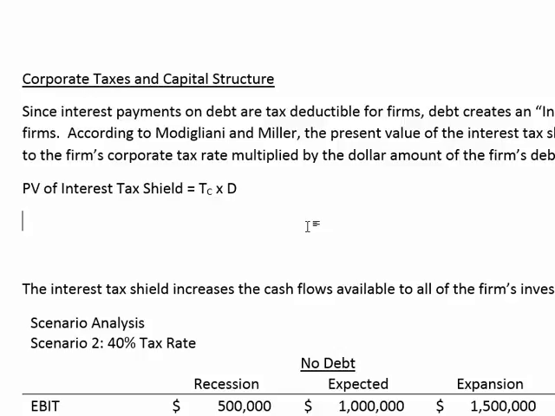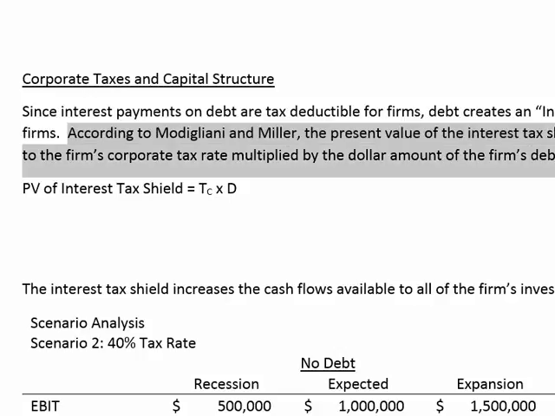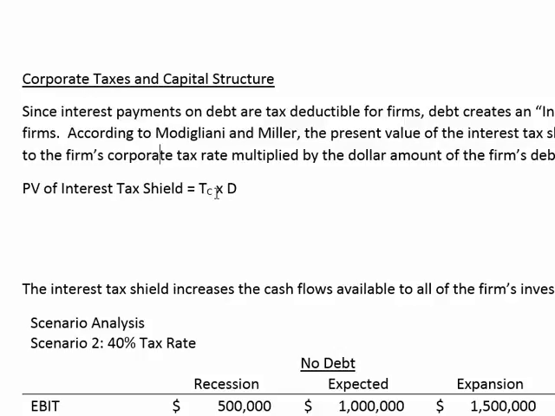For-profit hospitals take on a lot more debt than not-for-profit hospitals because there's this thing called an interest tax shield for firms that pay taxes. Not-for-profits don't pay taxes. According to Modigliani and Miller, the present value of the interest tax shield for a firm is equal to the firm's corporate tax rate, T sub C, multiplied by the dollar amount of the firm's debt.